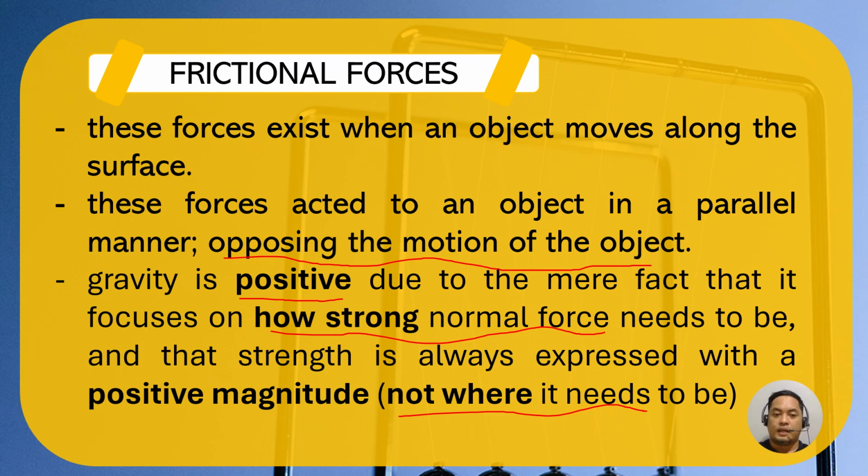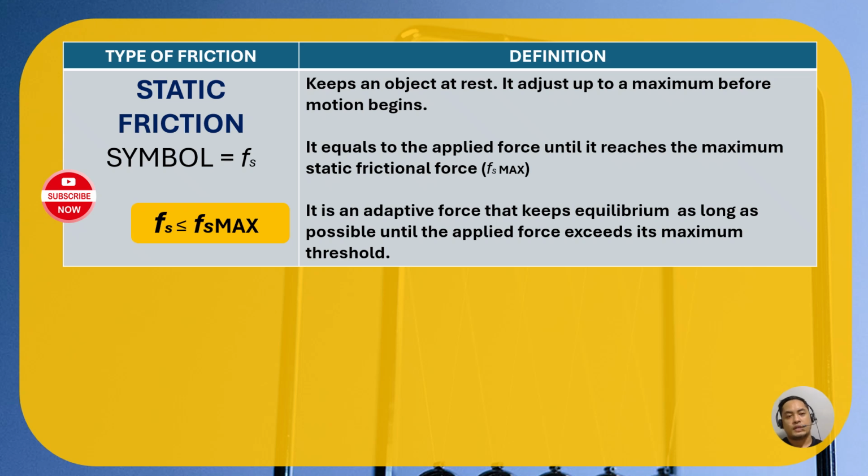Okay, and the first type of friction that I will introduce at this moment is static friction, and this is our symbol F with subscript s. That's static friction. Static friction keeps an object at rest.